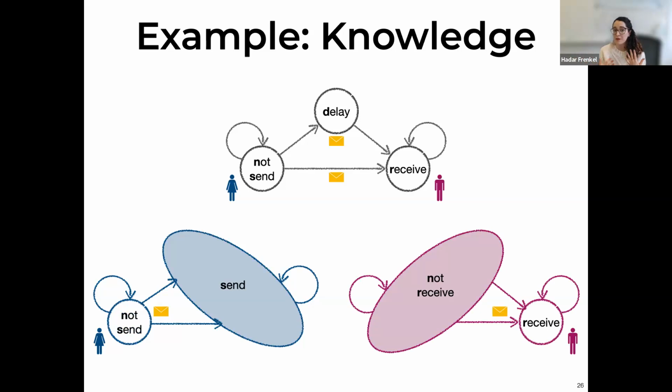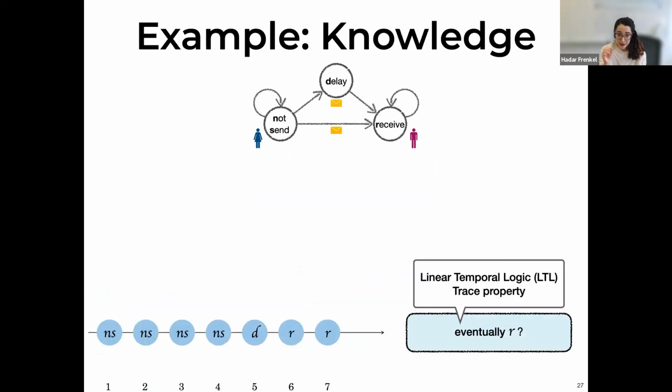And now when we have observations of the agents of the system, then we are also interested in what they know that happens in our system. So let's start with a simple example. If I'm interested in whether the message was eventually received, and here I have an example for an execution, and I want to ask whether the message is eventually received on this execution, then the answer is yes.